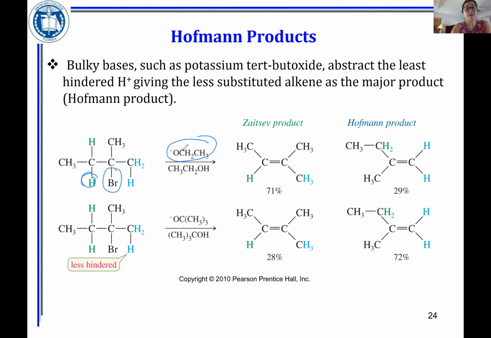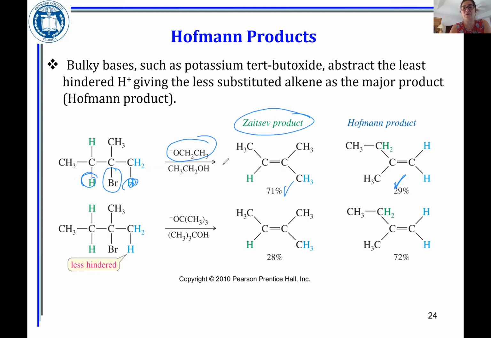If the base is not a bulky base, it is going to remove hydrogen from the position that will give you the most stable alkene, and that would be the Zaitsev product, okay? So when you have two options, if the blue hydrogen is removed by the base, you get 29% of the product. If the green hydrogen is removed, you get 71%. So the major product is higher.